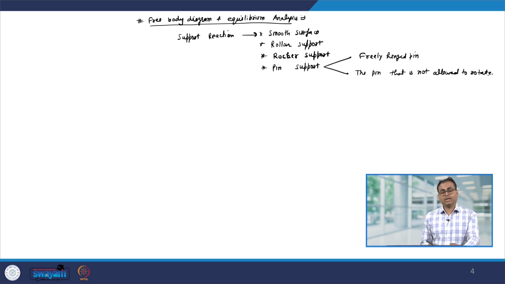If the pin is not allowed to rotate, then it also supports the torque, and the built-in or fixed support.